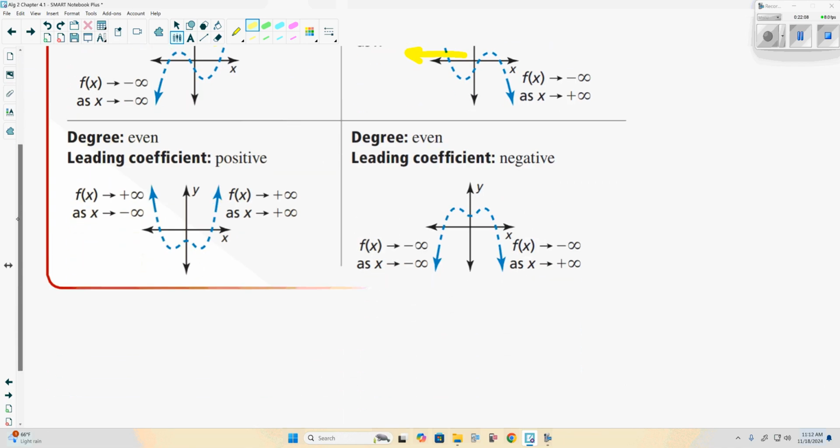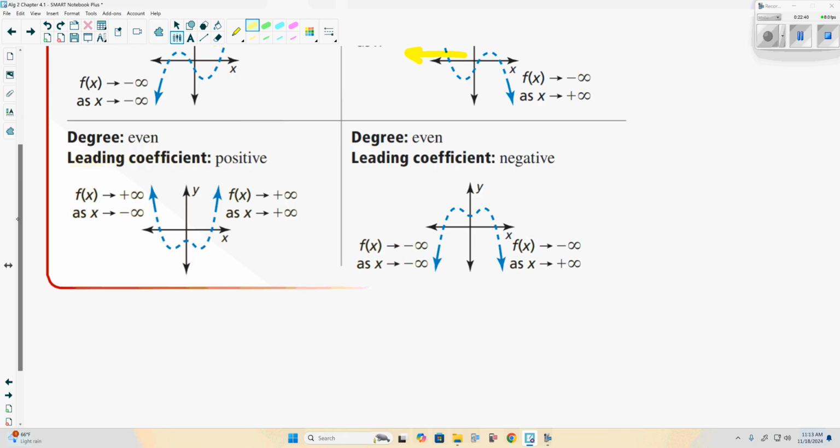Now with even is our quadratic, our x squared. Eventually they're both going to either go up or down. And as the degree is even and the leading coefficient is positive, both ends are going to end up going up. So we'd say f of x approaches infinity as x approaches negative infinity, and f of x approaches infinity as x approaches infinity.